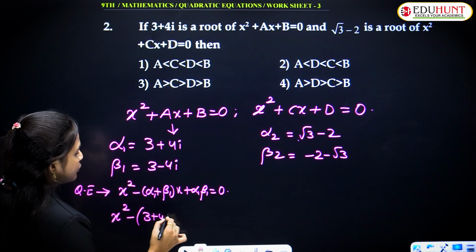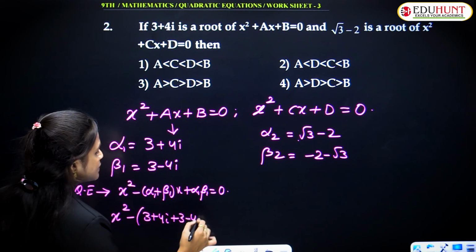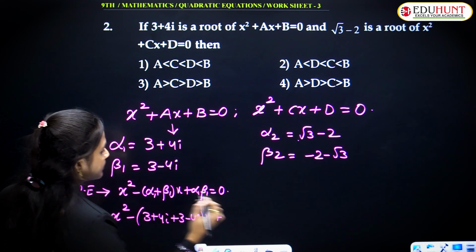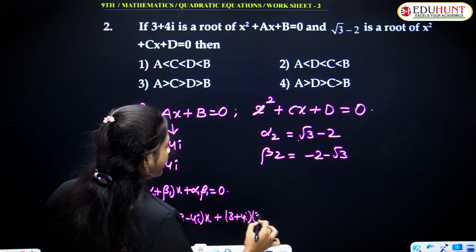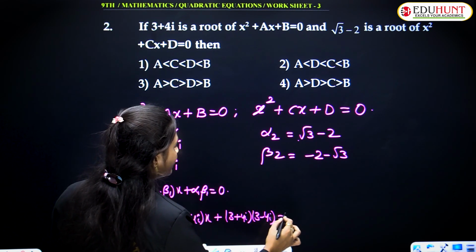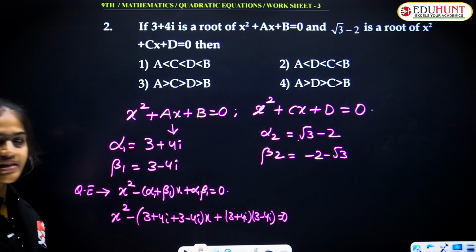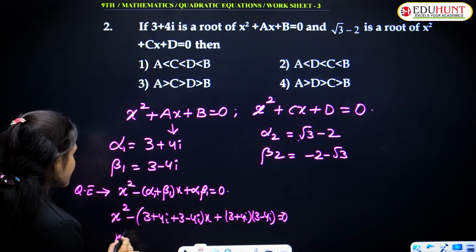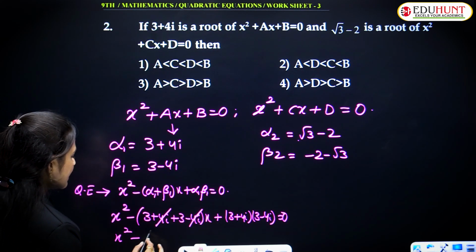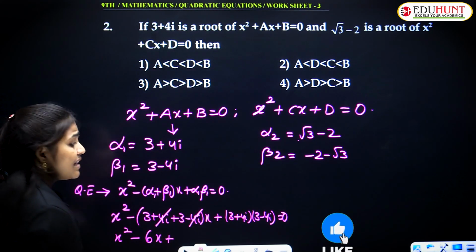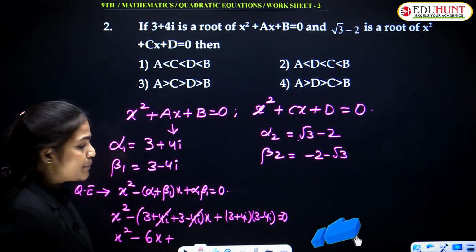So x square minus of (3 plus 4i plus 3 minus 4i) into x plus (3 plus 4i) into (3 minus 4i). Already we did this in the previous question, same as it is, no? So x square, the 4i gets cancelled, so 3 plus 3 is 6x, as we defined previously. So again I am not doing this one.